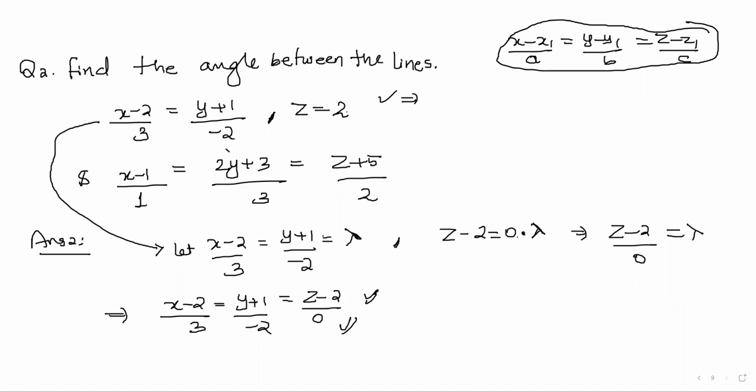Sir, is the standard equation for the second one x minus 1 by 2 is equal to y plus 3 by 2 by 3 is equal to z plus 5 by 4? Very good, Atif. It is correct. Now please find the angle. Huzefa and Saf, please confirm if you're getting these two standard equations. Yes. Great. Okay, here also you need to take 2 common and multiply the denominator with 2. Now, please find the angle and share your answer.